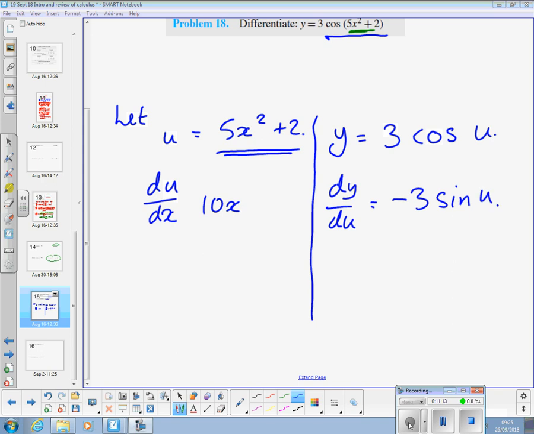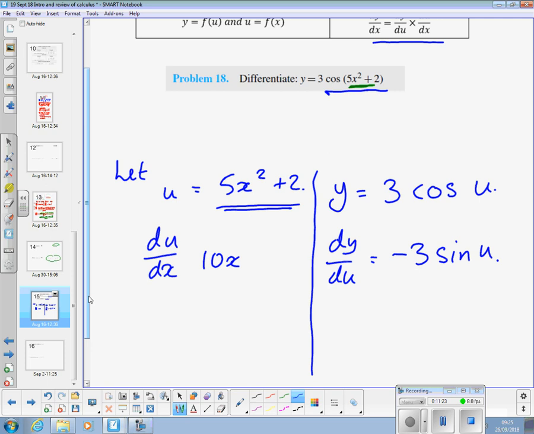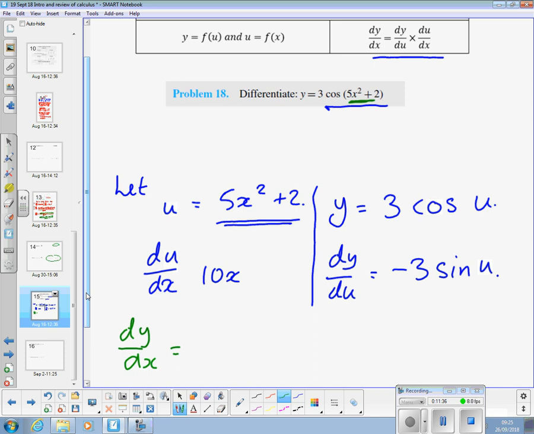Now, have I got everything I need for the formula? dy by du, du by dx, yes. So we enter those values into the formula. dy by dx is equal to, and the formula says dy by du, minus 3 times the sine of u, multiplied by du by dx, 10x.